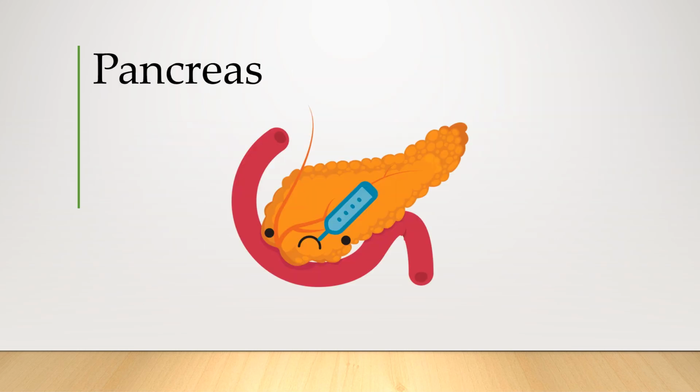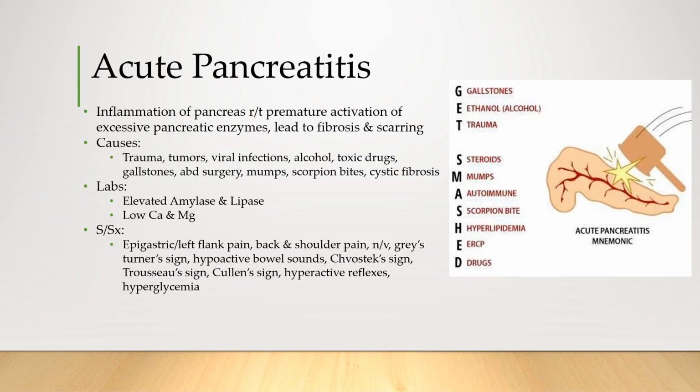All right, on to your beautiful little pancreas. Acute pancreatitis. Acute pancreatitis is incredibly painful. This patient's going to be side laying. They're going to be in the fetal position. This patient is going to be immediately made NPO because we've got to get the gut to heal.